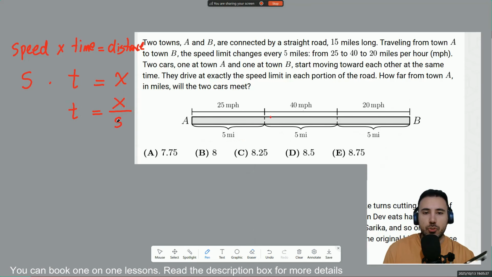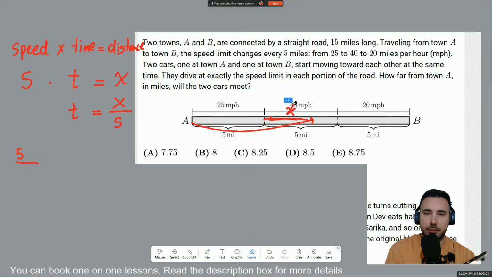Okay, so let's write it for A. This is the meeting point. We need to know how far A goes. A goes for a 5. And then this extra part, do we know what that is? Of course not. This is just going to be X, right?